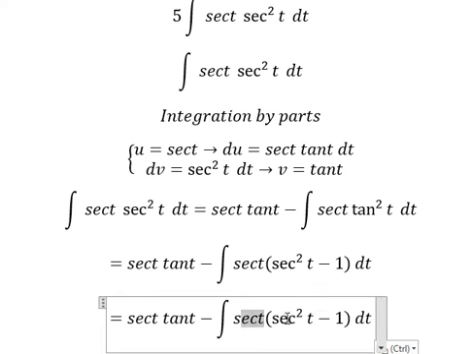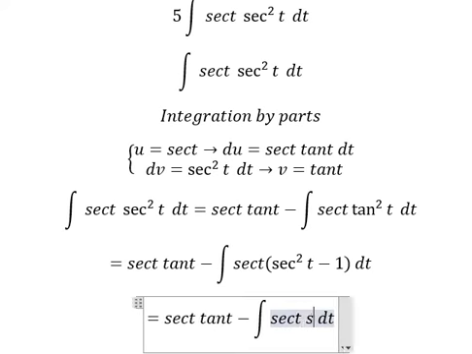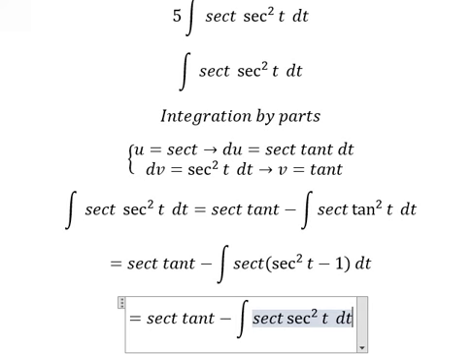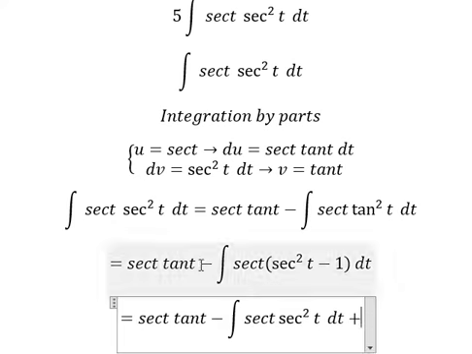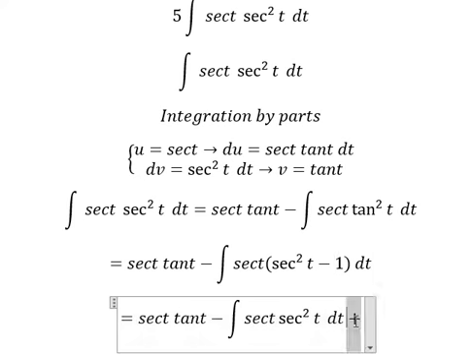So this one and this one and the next one, secant of t and negative number 1, we can separate them in here. Because negative and negative, so we have positive.